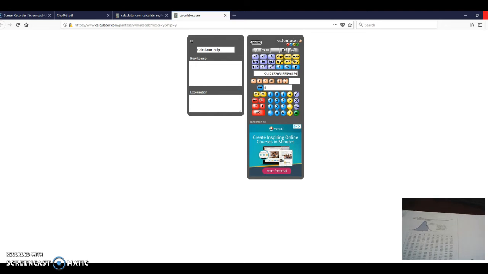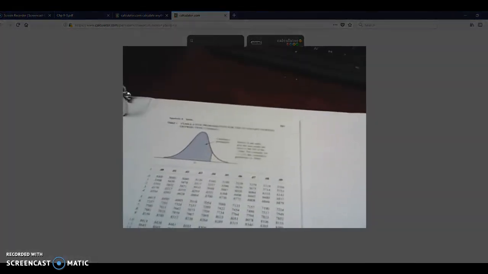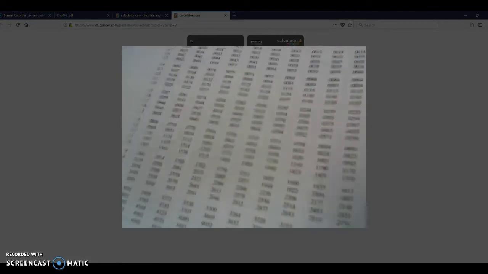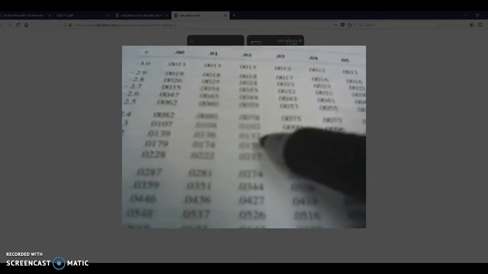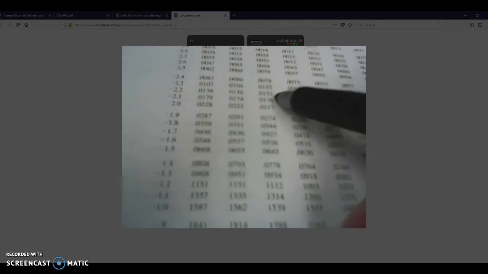I'll show you how to do that. Okay, so we're going to go to page 760 of your book. And if you'll look, we're looking up a z of negative 2.12. So here's negative 2.1. We're going over. Get you a better shot here.